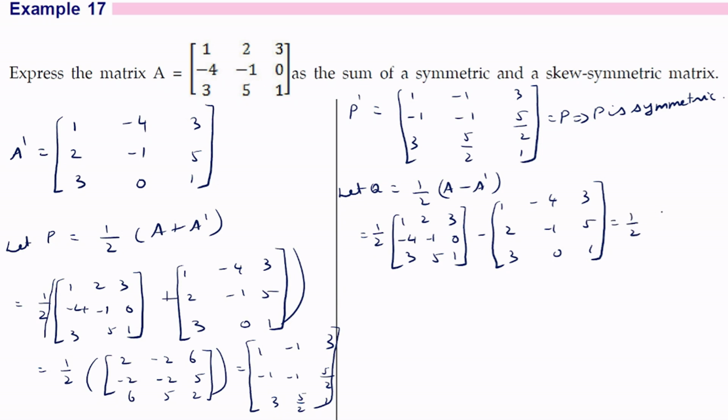So this is half of 1 minus 1 is 0, 2 minus of minus 4 is 6, 3 minus 3 is 0, then minus 4 minus 2 is minus 6, minus 1 plus 1 is 0, 0 minus 5 is minus 5, 3 minus 3 is 0, 5 minus 0 is 5, 1 minus 1 is 0.